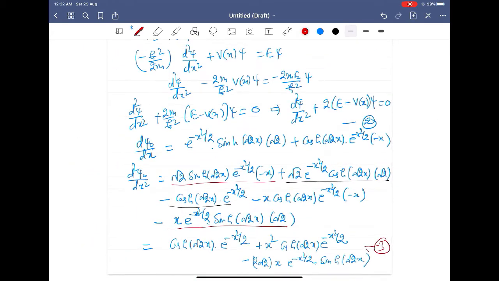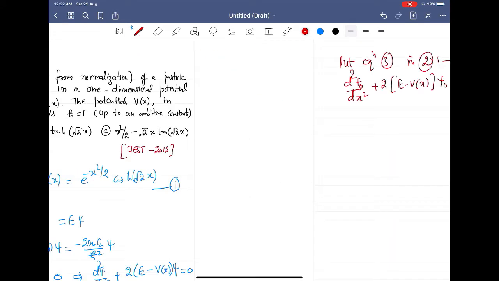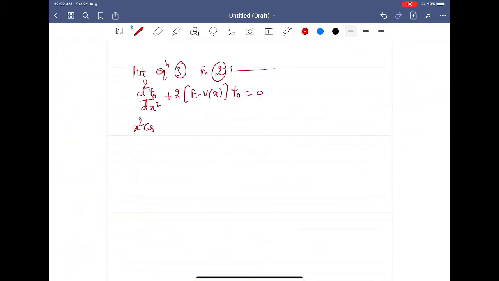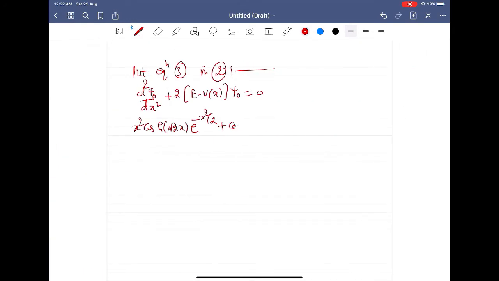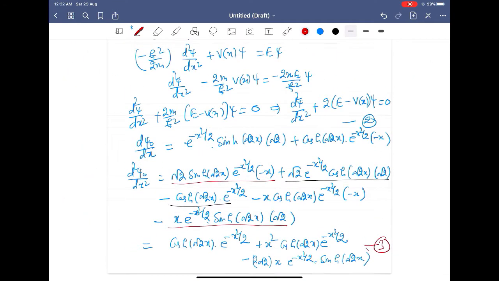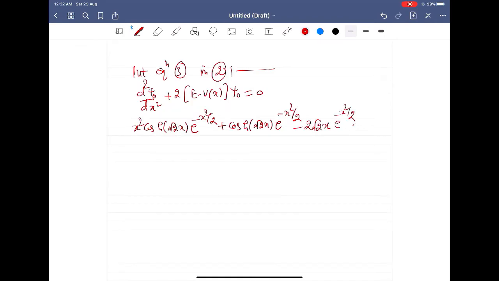After putting the value we get: x squared cosh root 2x e to the power minus x squared by 2, plus cosh root 2x e to the power minus x squared by 2, minus 2 root 2 x e to the power minus x squared by 2 into sinh root 2x, plus 2 into (E minus V(x)) times psi, which is again e to the power minus x squared by 2 cosh root 2x, equals 0.